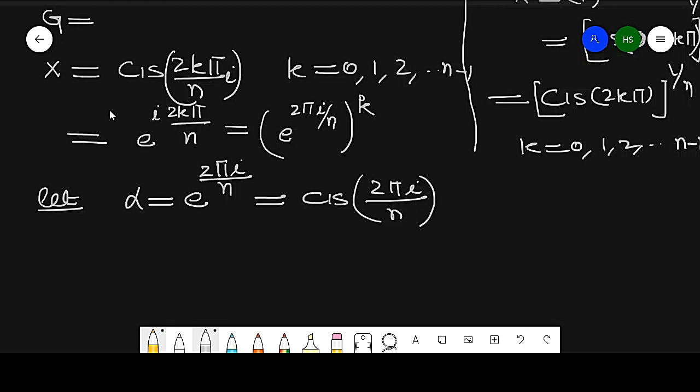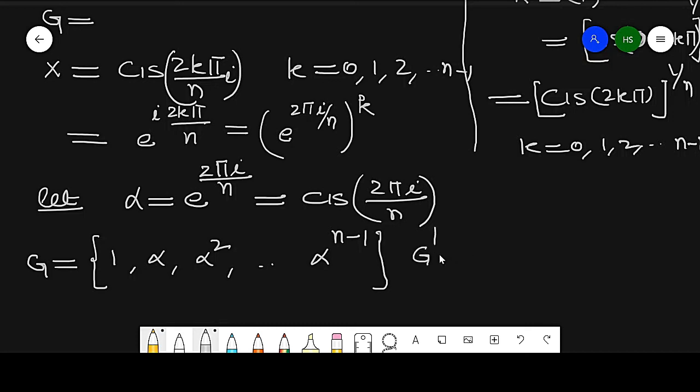So this value G, with k from 0 to n minus 1, is 1, alpha, alpha square, and so on up to alpha raised to power n minus 1. These are the elements of G, and the elements of G dash are e, then a, and so on up to a raised to power n minus 1.